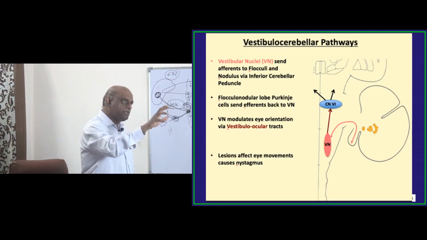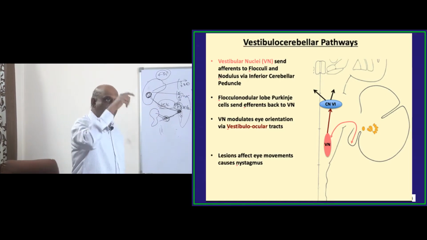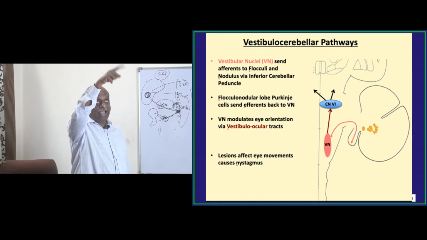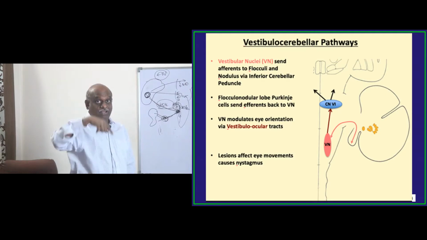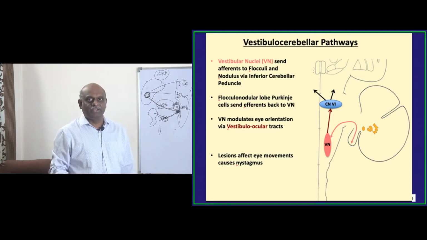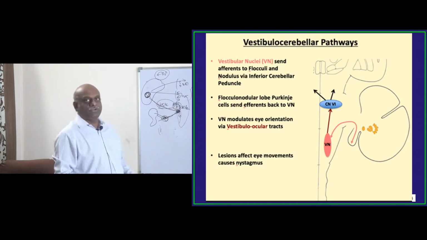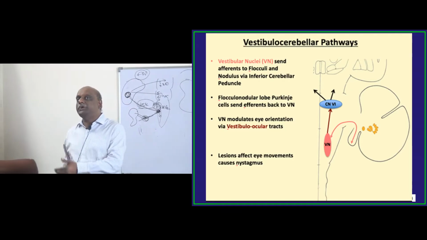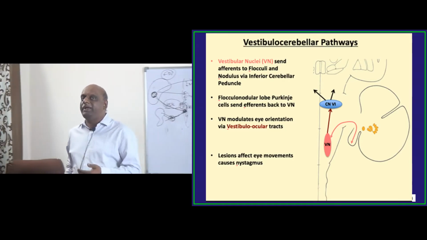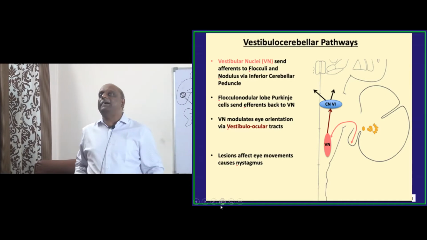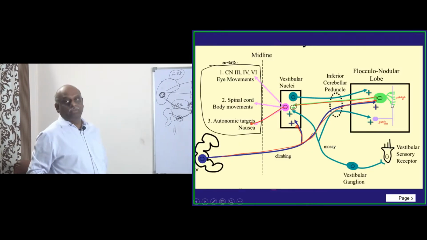Cerebellum once more tells to the vestibular nucleus, and vestibular nucleus will have connections with the 6th cranial nerve nucleus. This is a very important reflex called vestibulo-ocular reflex mediated by vestibulo-cerebellar pathway is what you have to remember.